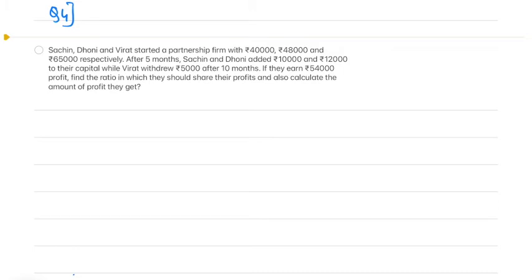While 5,000 he withdrew after 10 months. So in case of Virat, 65,000 is invested for 12 months and then he withdrew 5,000, so 5,000 you have to subtract for 2 months.